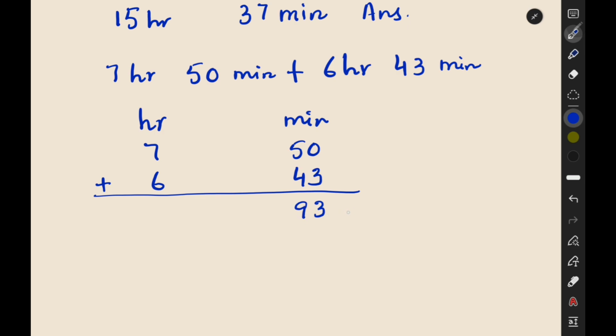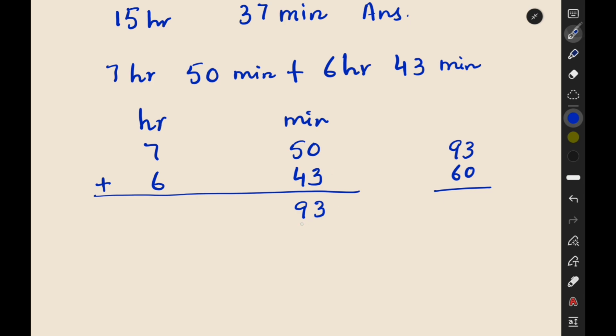But here one thing is very important, that the sum of the minutes must be 60 or less than 60, but here comes 93 minutes. So what we will do, we subtract 60 from 93 minutes, because the value must be 60 or less.